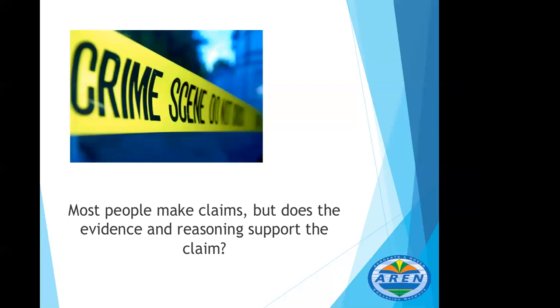I think that gets to the idea that we make a lot of claims, but in the court system we hear: does the evidence and reasoning support the claim? So in a crime scene, we're looking for evidence, but we're also looking for reasoning which supports that claim. So it keeps going back to that data. That might be another way that it helps students think about CER and about conclusions: claims, evidence, and reasoning.